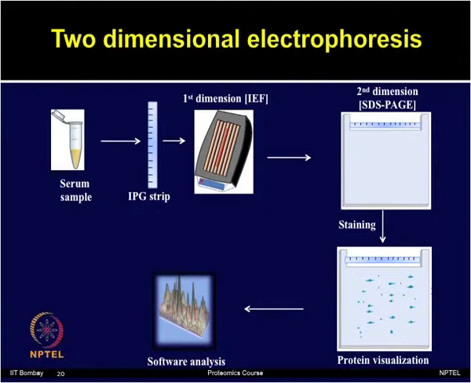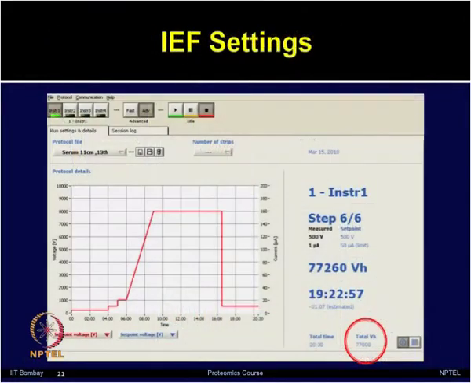Now, the sample was collected and processed with all these 4 variables which I talked to you about, and after that the standard procedure of 2-dimensional electrophoresis was followed. When you are doing this serum protein separation, the IEF becomes very critical, because you have a lot of salt in it, and if your salt removal is not effective, your isoelectric focusing run may not be very smooth.